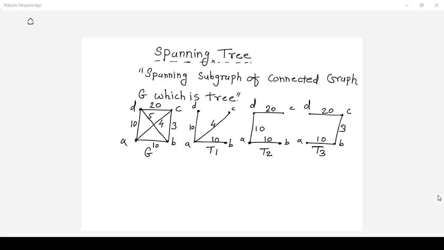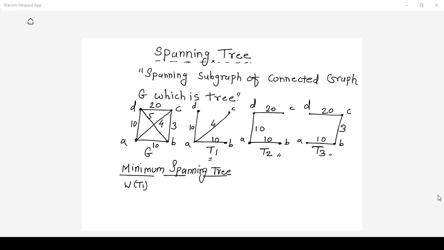There is a new definition based on this: minimum spanning tree. Now what it is, we'll see. On the given graph G, I have drawn 3, let us say, spanning trees, and let us write the weight of every spanning tree.